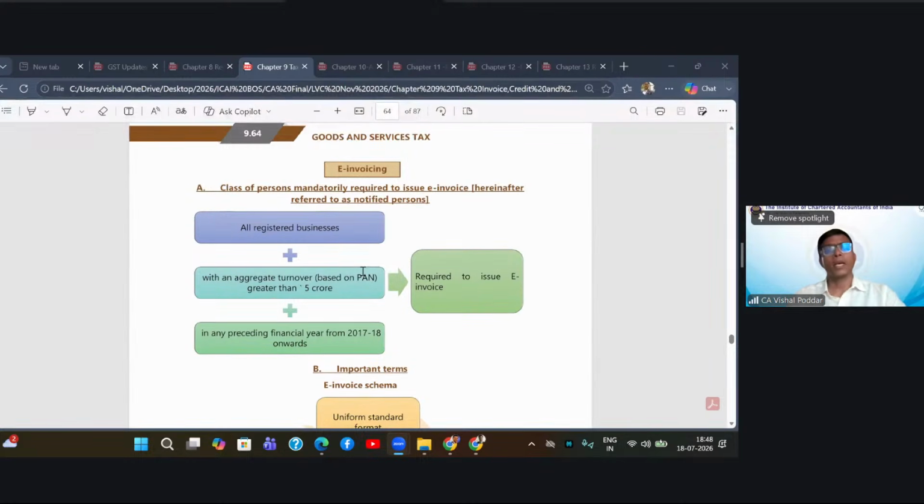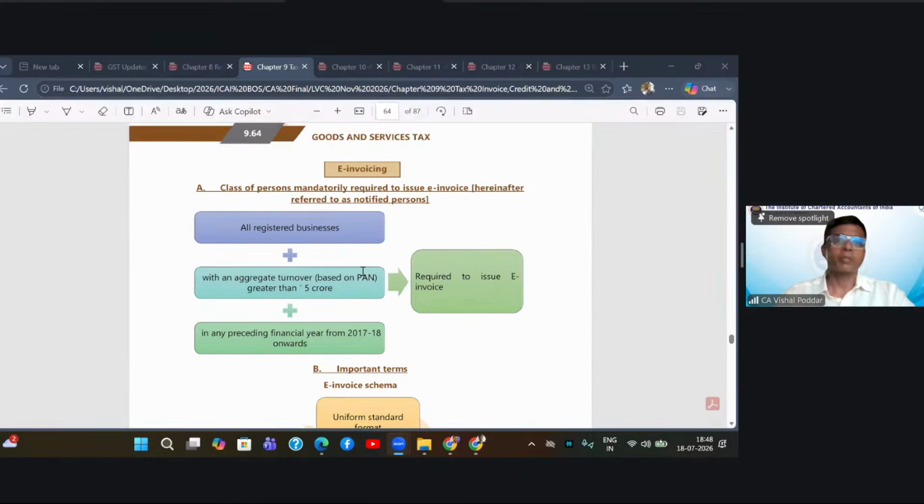Now, as you all would be knowing, there is a specific concept of e-invoice. Now, e-invoice does not mean preparing the invoice from the GST portal. No. You continue to prepare invoice as per your accounting procedure and system. So it may be through your own customized accounting software or through some package software that you have purchased.